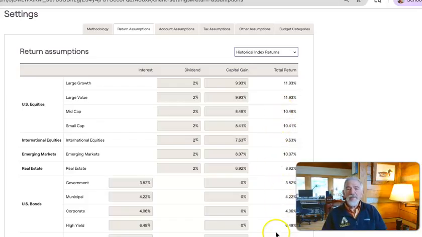So when we set up a portfolio, conservative, moderate, aggressive, very aggressive, that's what we're doing. If we have 50% in equities, we're going to have 50% of the portfolio that's going to be earning anywhere from 9 to 11% or 10 to 11% roughly, or 10 to 12%. If we have real estate, then we're going to be adding a slice of that portfolio, maybe real estate 5% of the portfolio.